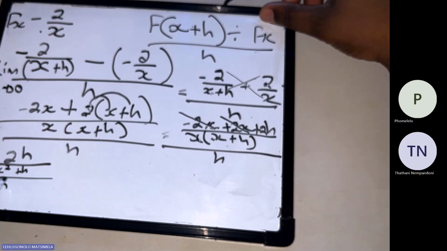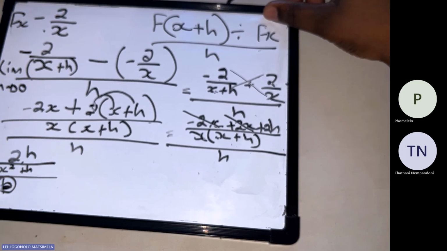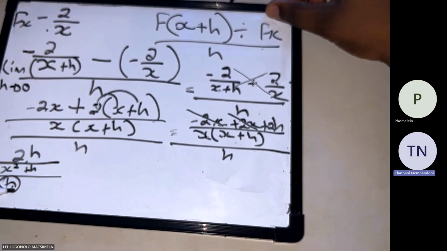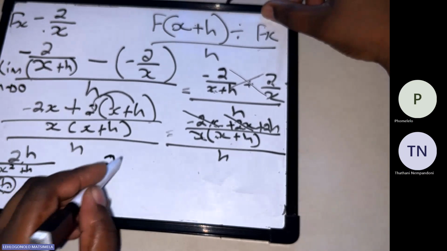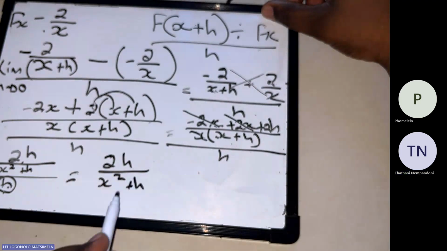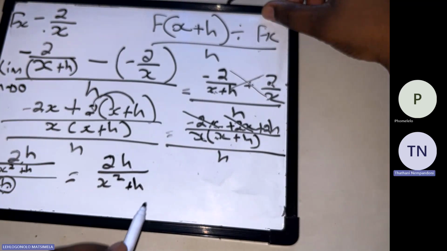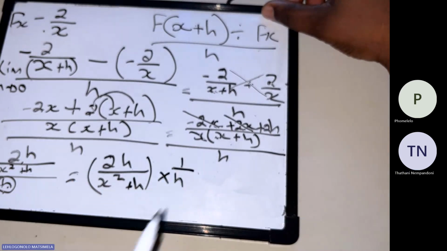So how do I get rid of this h? Remember, now I'm going to be having 3 h's: h part 1, h part 2, and h part 3. I must remove h part 3. So when I remove h part 3, I'm no longer going to put h3, but I'm going to multiply everything by 1 over h.